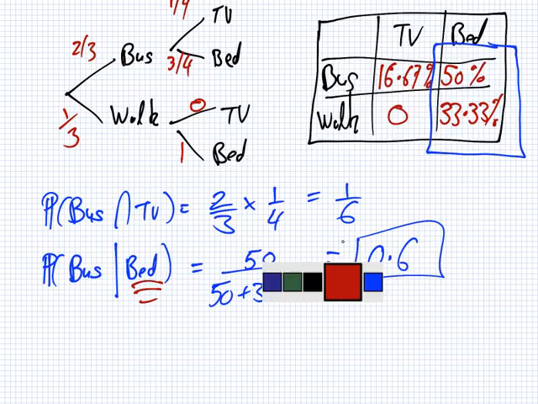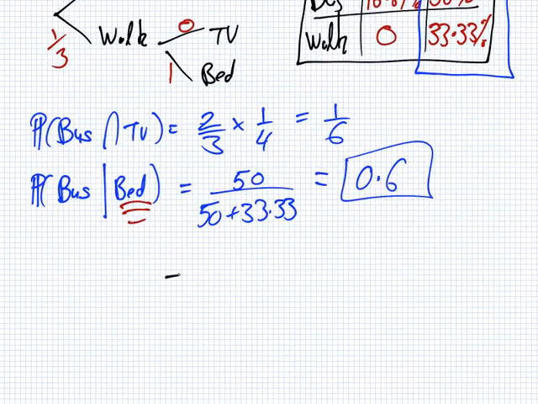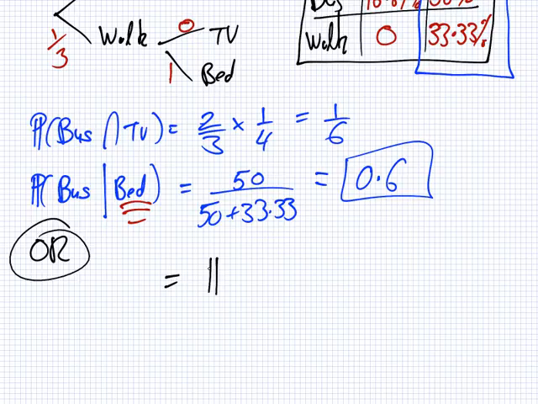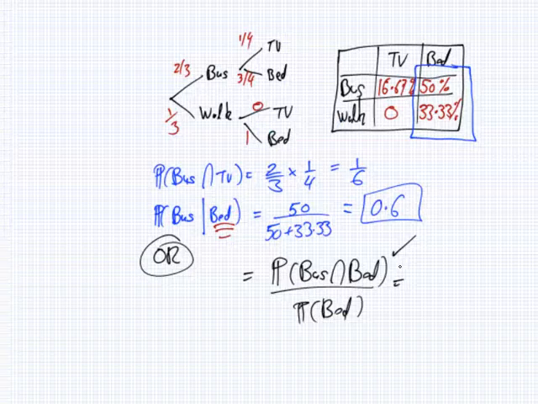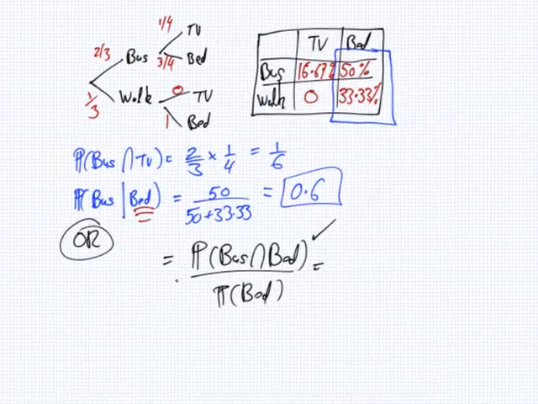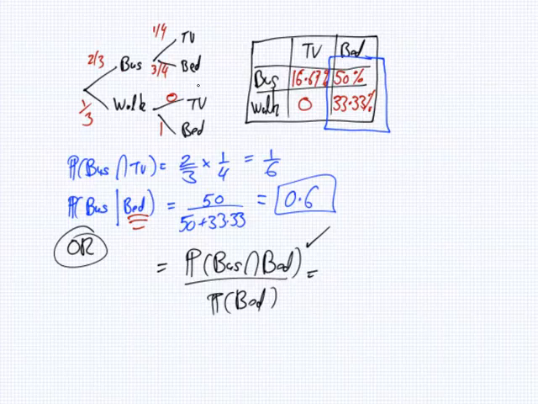Now, if you didn't like that, you can use the formula. Does anyone remember the formula here? It's the probability of bus and bed over the probability of bed. This is nice because we know the top already, don't we? We can calculate it. The probability of bus and bed is 1 over 2.